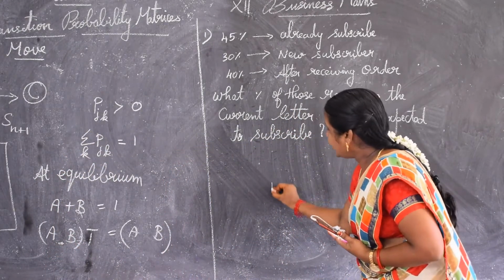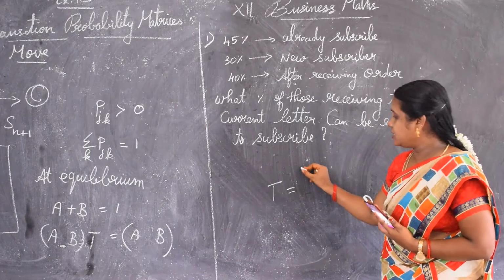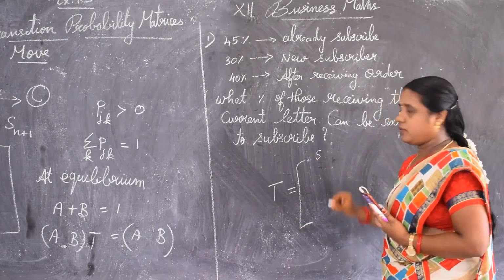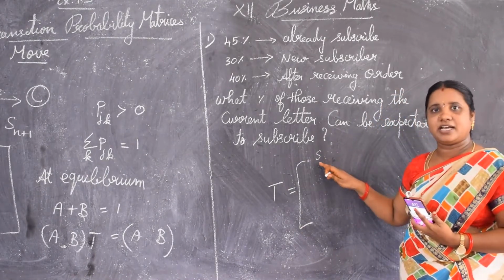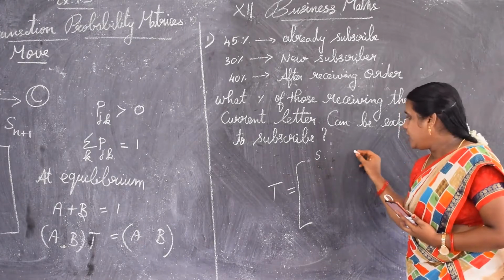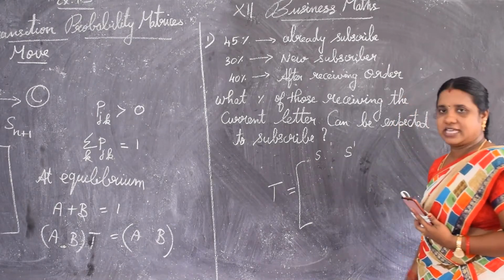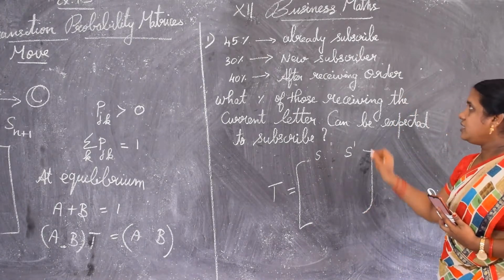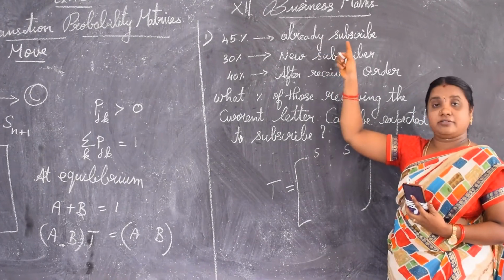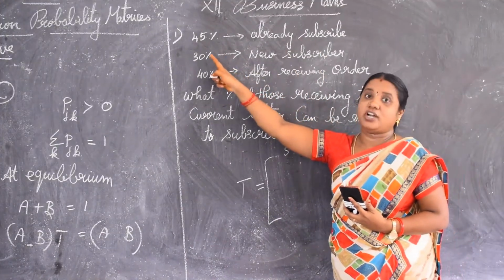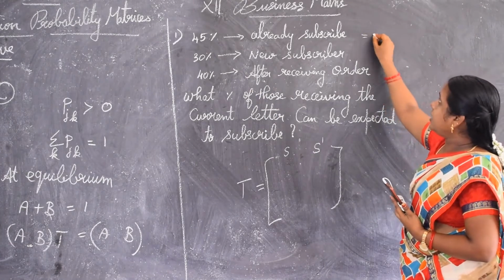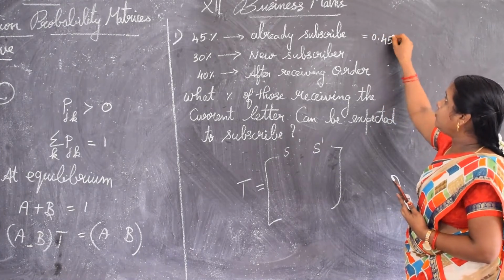Now I am going to write the transition matrix first. What is our transition matrix? First one is subscriber, who is subscribing to this magazine. You write that. Next, who is not subscribing? S dash. See the question. How many are already subscribers? 45%. I am going to write it in decimal form, 0.45.